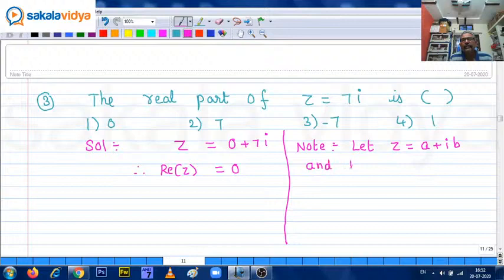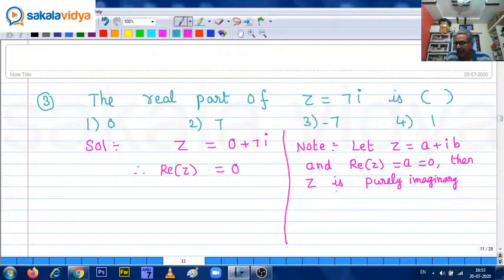That means real part of z is equal to 0. Then z is purely imaginary. If real part of z is equal to 0, then it is called purely imaginary.